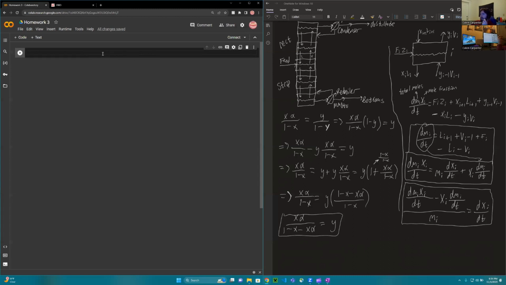So starting with the code, we're going to start with our inputs. This section, I'm just going to label import necessary libraries from sources. So import numpy as np, and then from scipy.integrate import, I forget what that is.